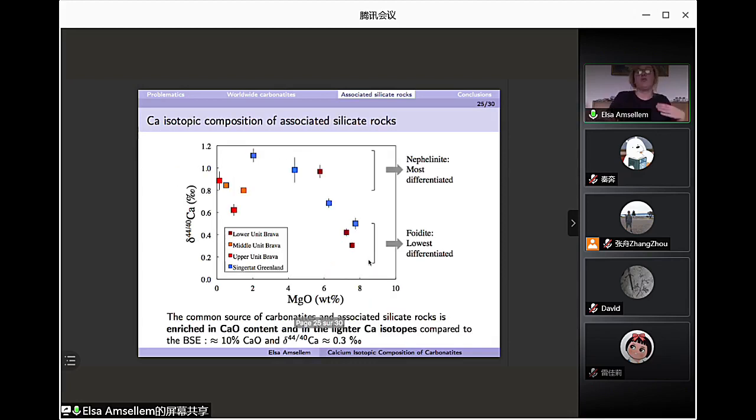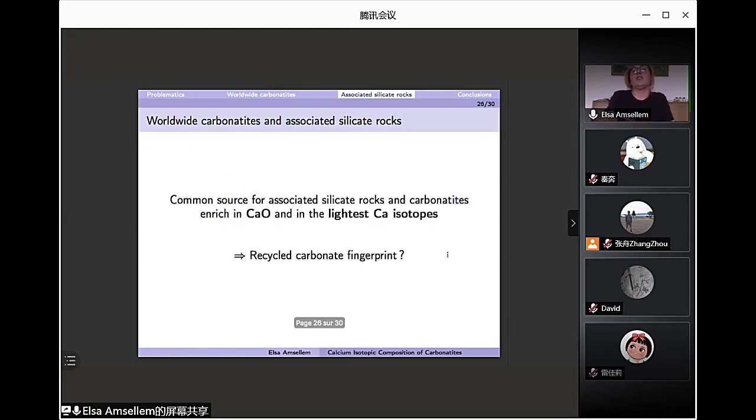So this mantle source is then enriched in the lighter calcium isotopes compared to the BSE, the bulk silicate Earth, with roughly 10% of calcium oxide, and a calcium isotopic composition of 0.3 per mil. So this source that is enriched in calcium compared to the BSE and in the lightest calcium isotopes could reflect marine carbonates, which are also enriched in calcium contents and in the lightest calcium isotopes.